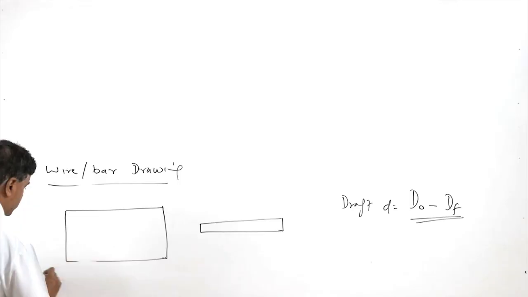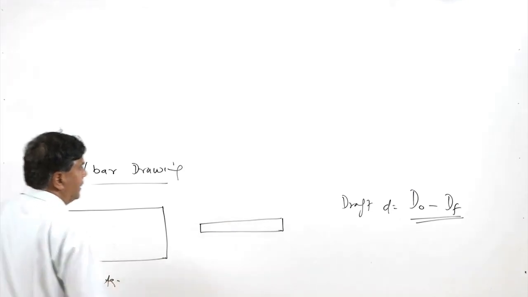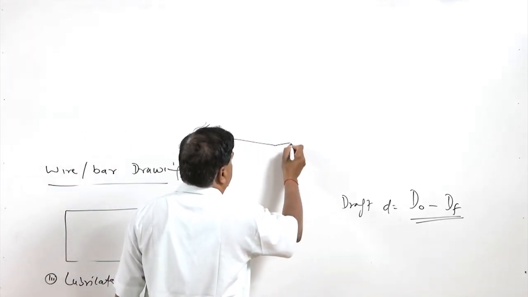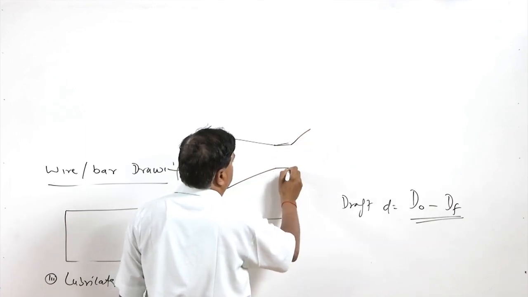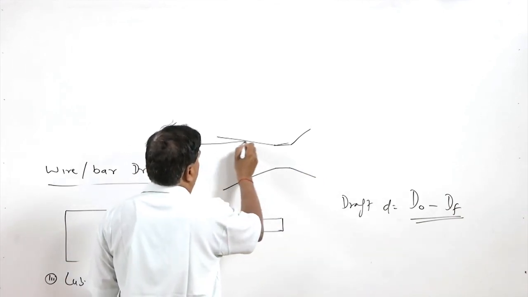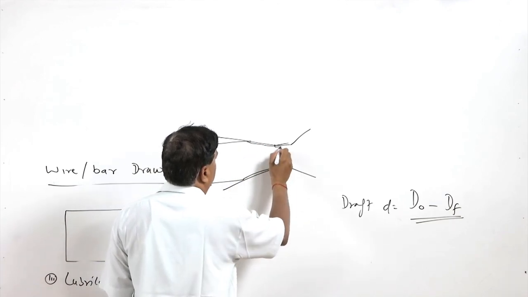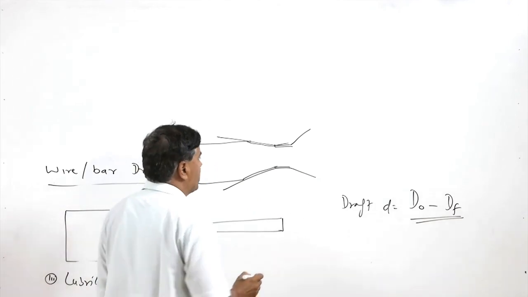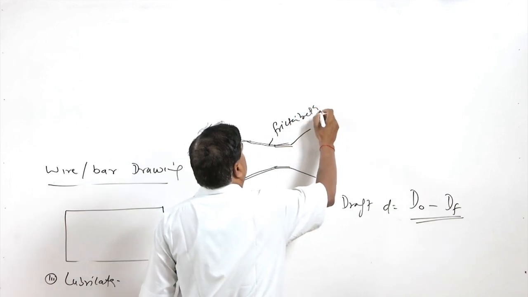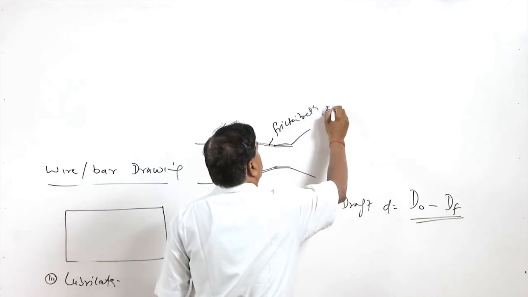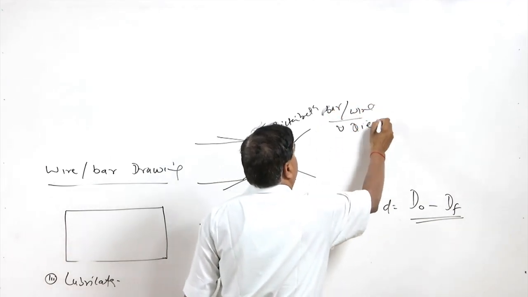And the third thing which is used is lubrication. We know that because of the reduction in cross section in the die and the relative movement of the wire during the drawing process, the wire or the bar moving through the die, a lot of relative movement under pressure will lead to friction between the bar or wire which is being drawn and the die internal surface.